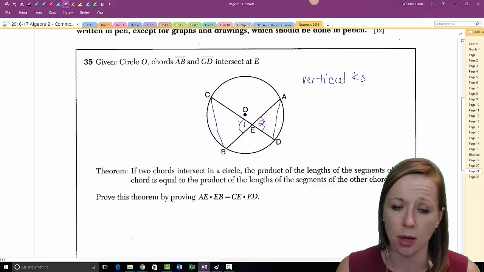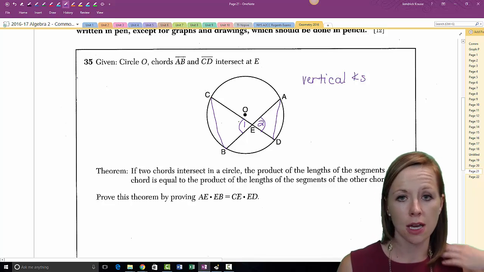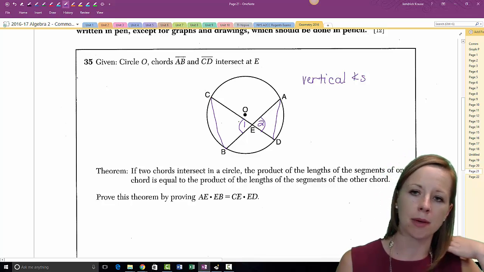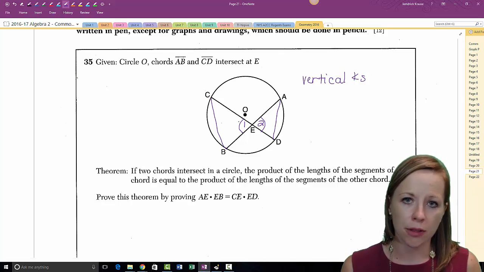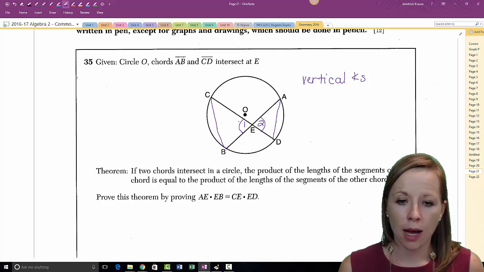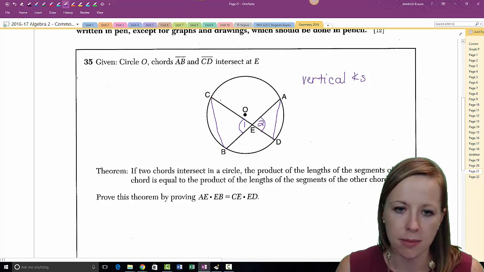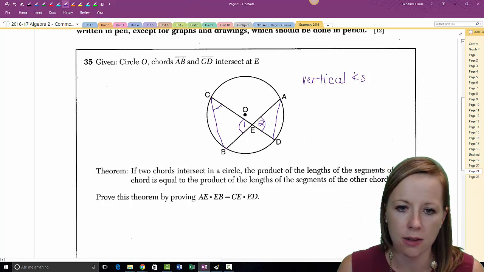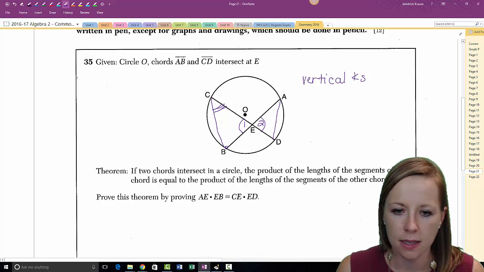And then I'm looking at these, I'm like, what else do I know about circles and angles? Maybe I'm going to do angle-angle. Maybe I'm going to do side-angle-side. I have no other information. So I'm kind of looking at this and I'm thinking to myself, okay, what about this angle here? This angle at C intercepts the arc BD.